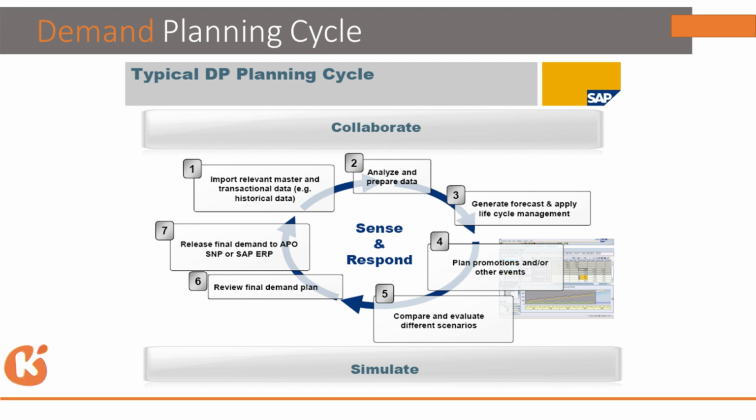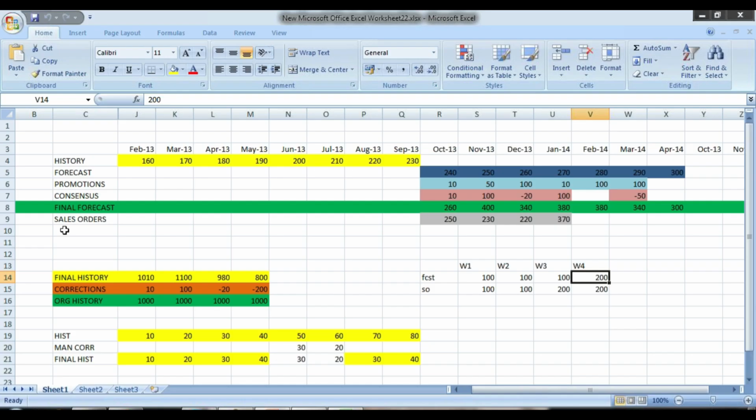I will show one example of how this works in reality. In a simple Excel format, I will show the same cycle so you can understand better. Say, for a particular product and location, first we take the history. For 36 months, it is selling like this: 160, 170, 180, 190, like that.